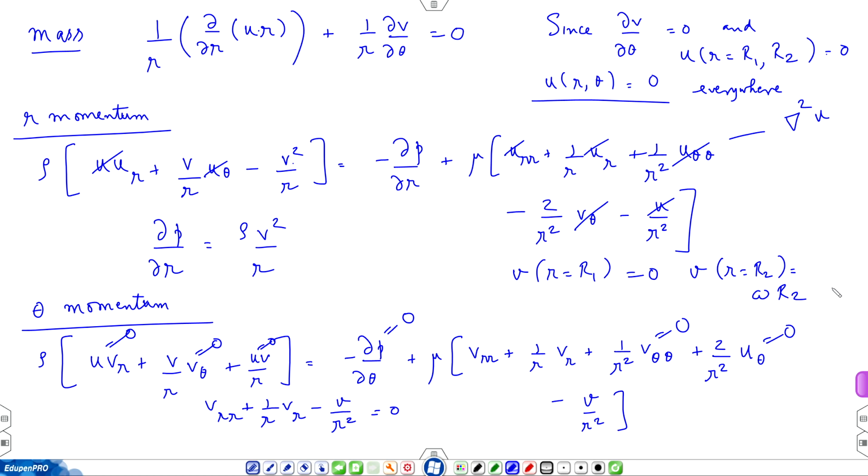It is not parabolic. Of course, if curvature effects become small, that is the radii become large, this will become a simple Couette flow problem and velocity distribution will approach linearity, otherwise it is not linear. It is the solution of this equation.